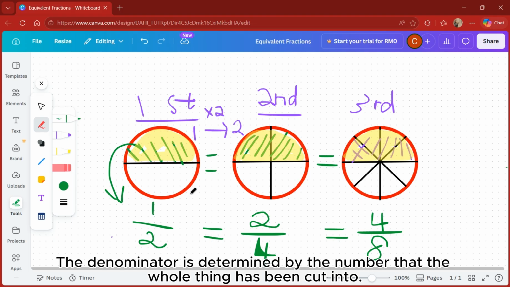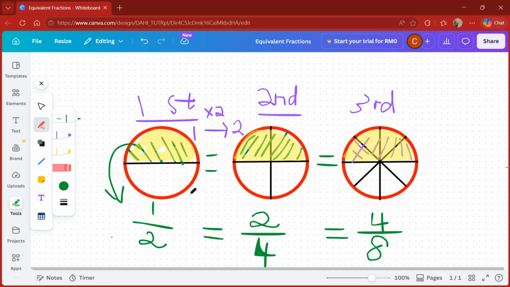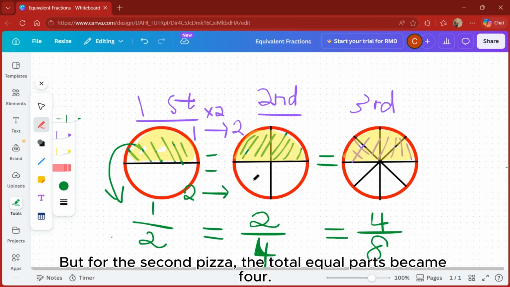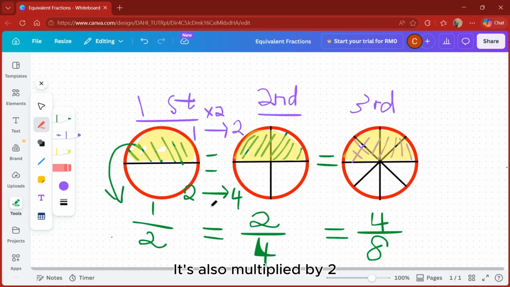The denominator is determined by the number the whole thing has been cut into. So originally, the first pizza, we just have two in total, two equal parts. But for the second pizza, the total equal parts became four. It also multiplied by two. After this, we can get the same amount.